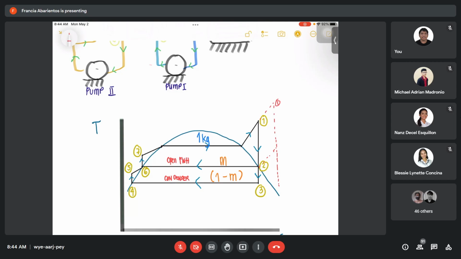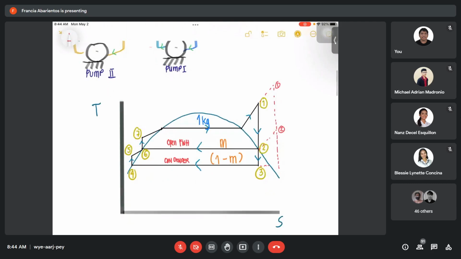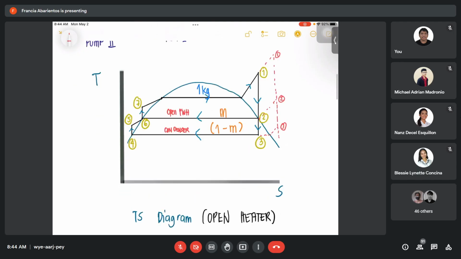Considering superheated, 1, 2, and if this is 3, it is straight first when you draw the TS diagram, at constant pressure, while inside the dome it is still straight. But once superheated, that is when you slant. This is now 3, considering that our steam is superheated.